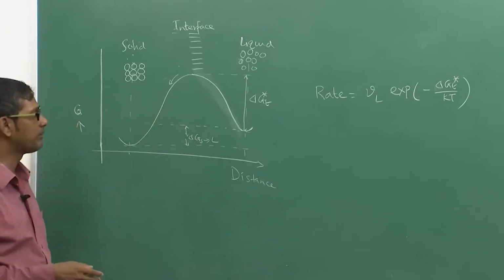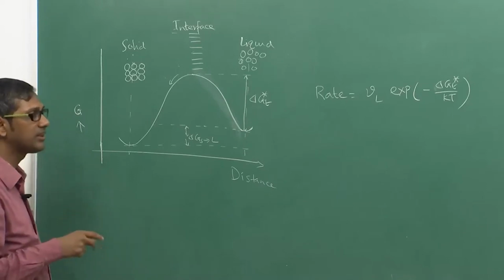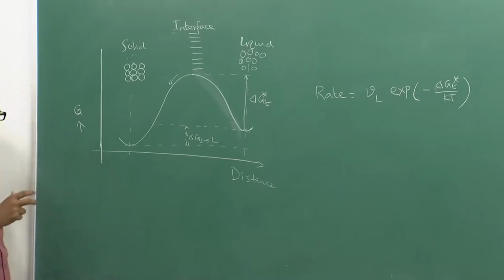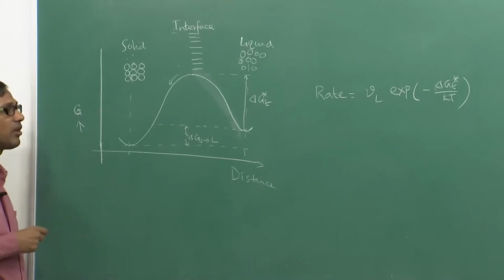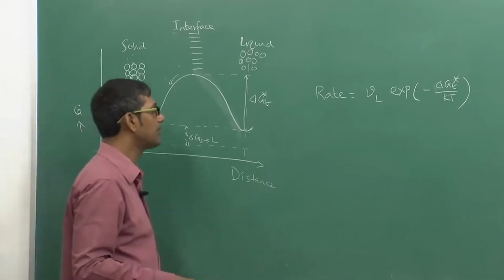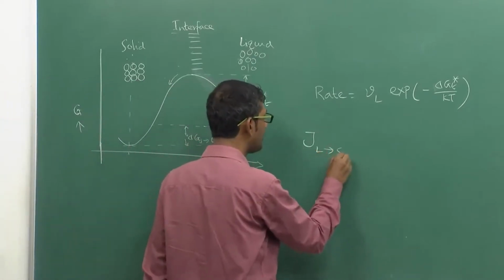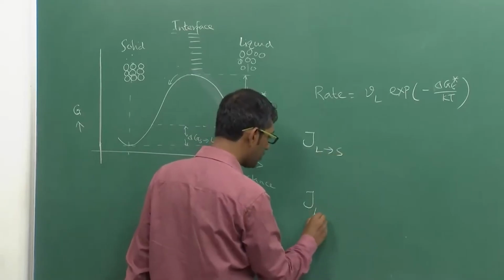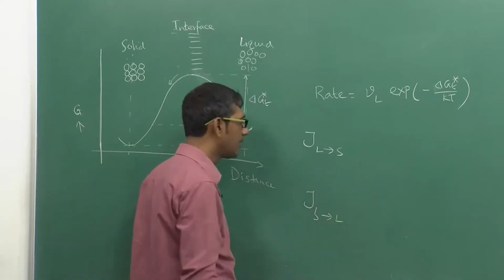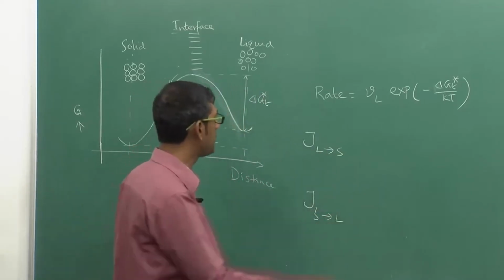That's always possible, because if they are not sitting at very nice positions where most of their bonds are satisfied in the solid, they can go back. So therefore we need to consider both the flux from the liquid to the solid and the flux from the solid to the liquid, both. So what does the flux depend on?